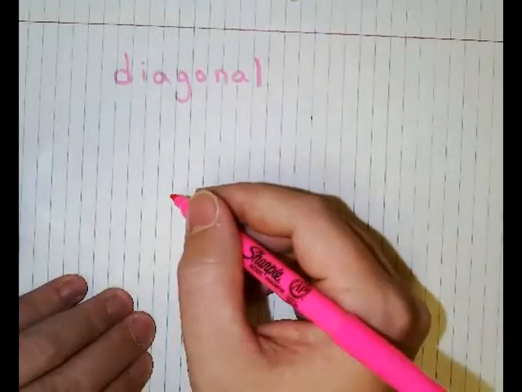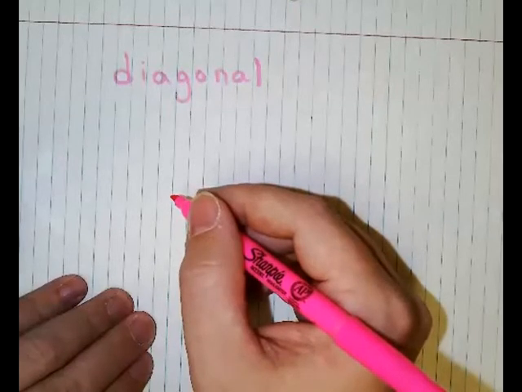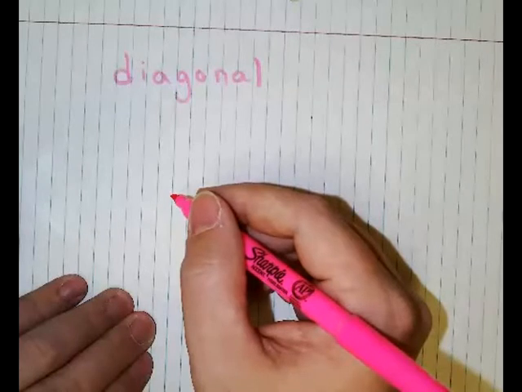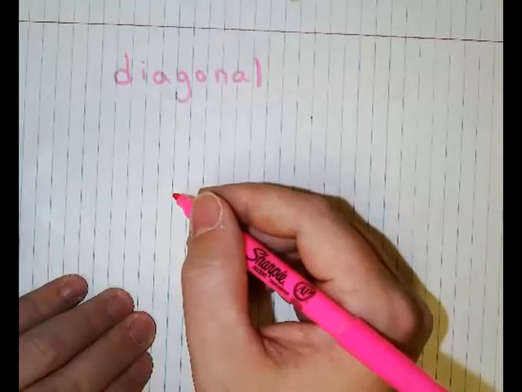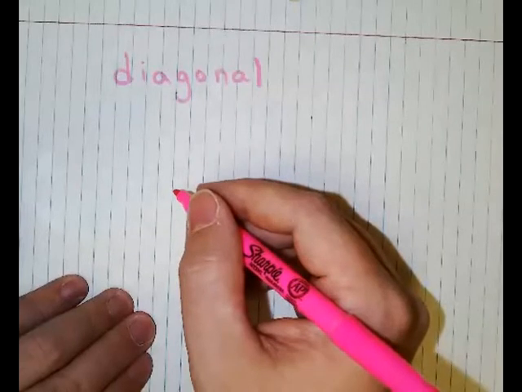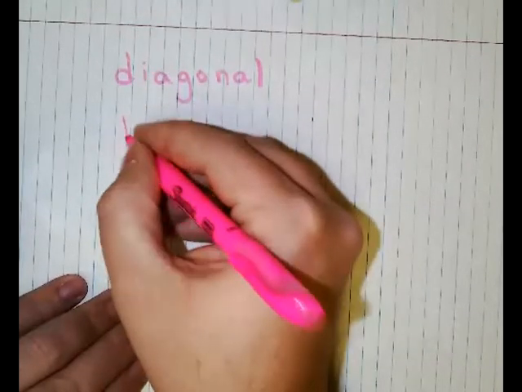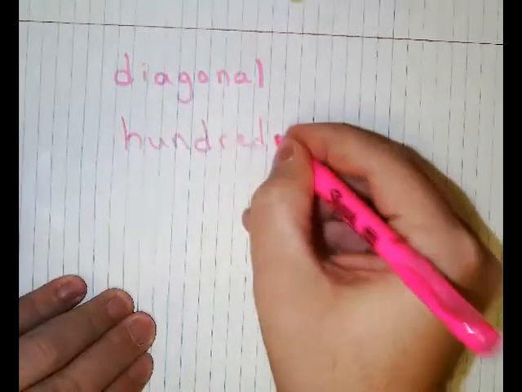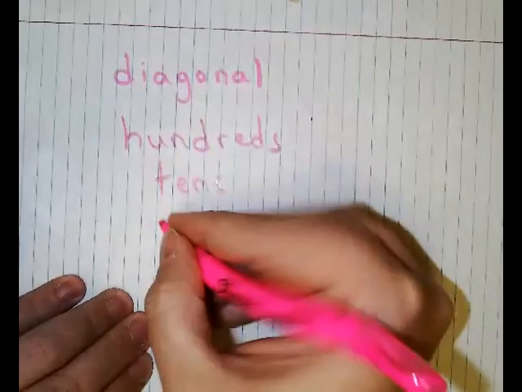Part of this is particularly important when it comes to dealing with decimals. When we talk about place value, we of course in the whole numbers have hundreds and tens and ones, or sometimes hundreds and tens and units as such.